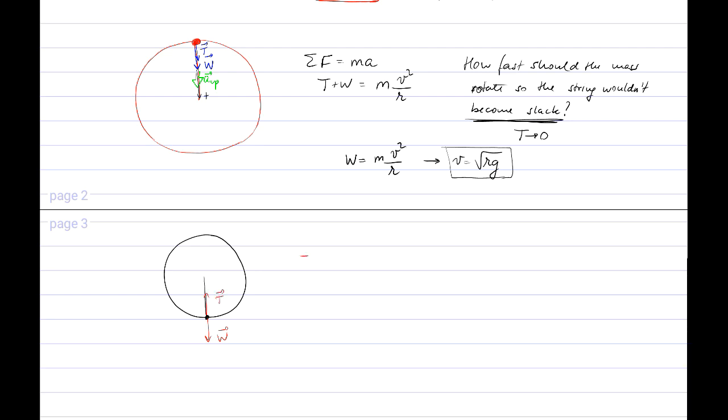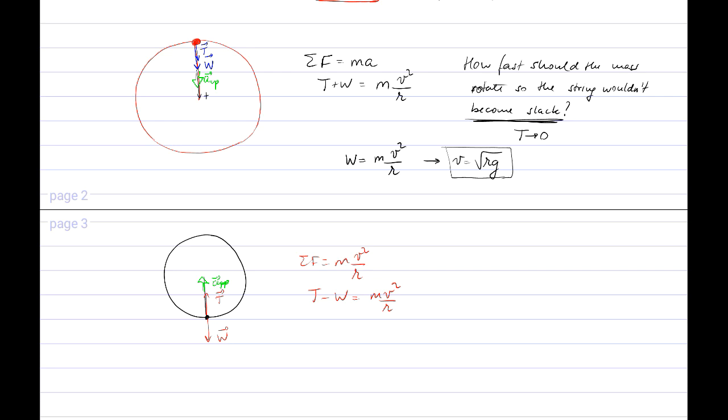So sum of the forces equals mv squared over r would translate to tension minus weight equals mv squared over r, because now tension is in the positive direction since the acceleration is up towards the center of the circle. So tension is a positive force and the weight is the negative force in this particular equation.